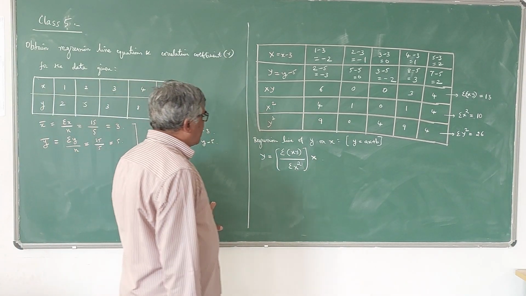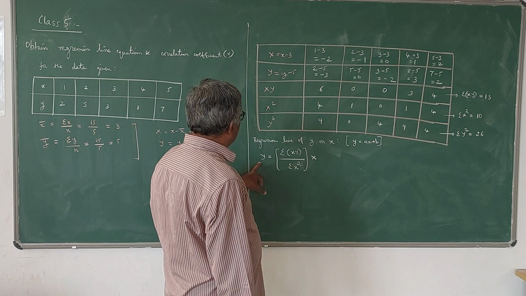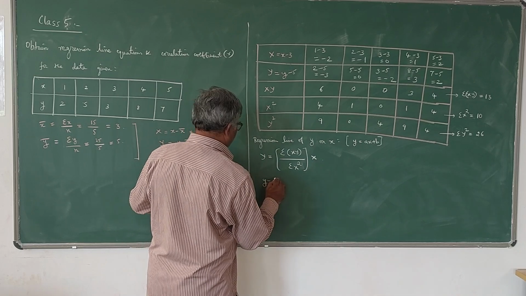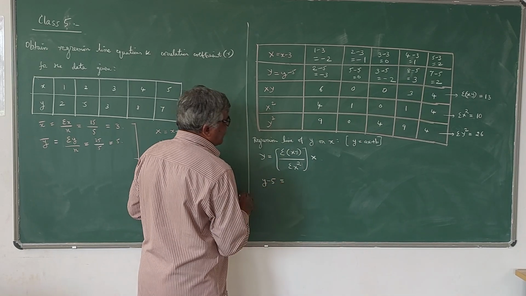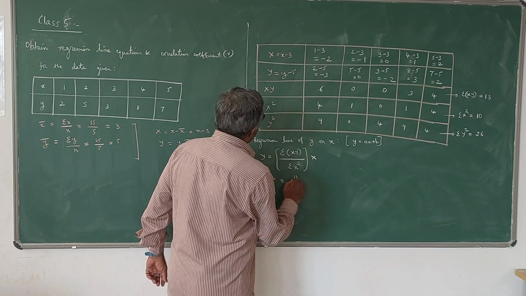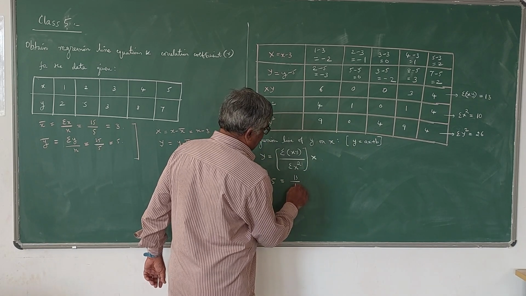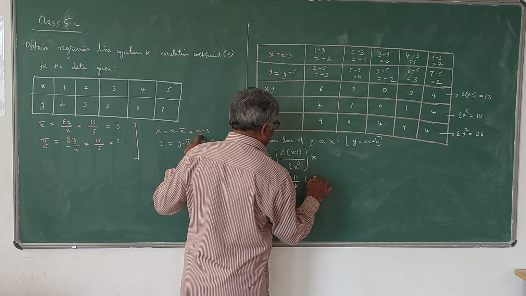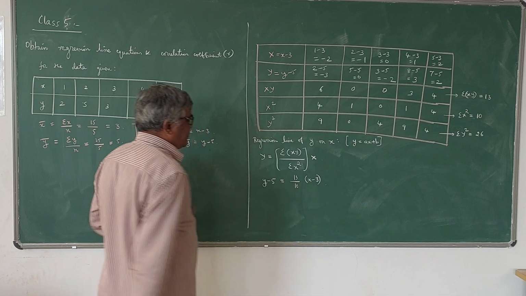Now here you can write capital Y as small y minus 5. Small y minus 5 is equal to sigma xy, which is 13, divided by sigma x square, which is 10, into capital X, which is x minus 3. So this is the equation.